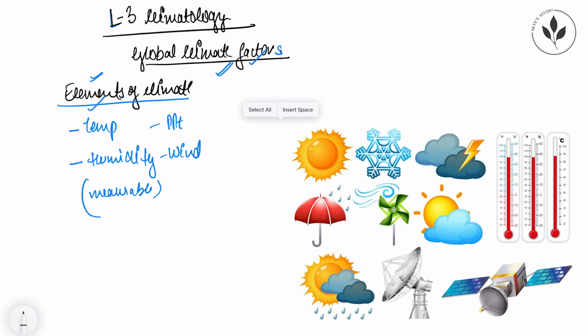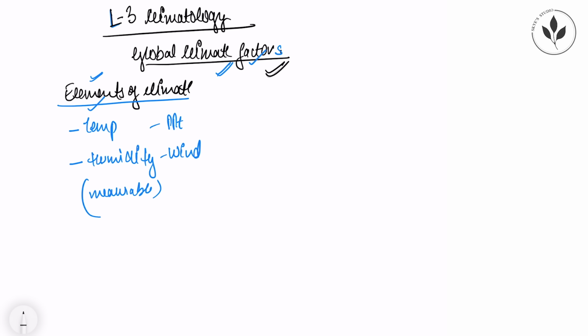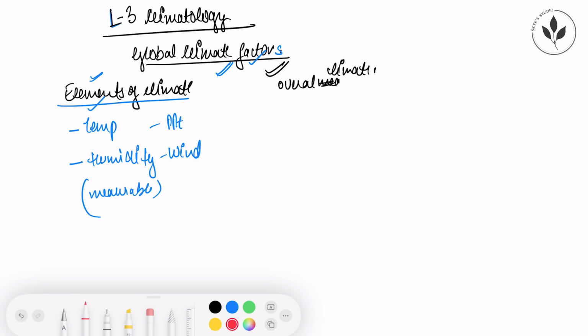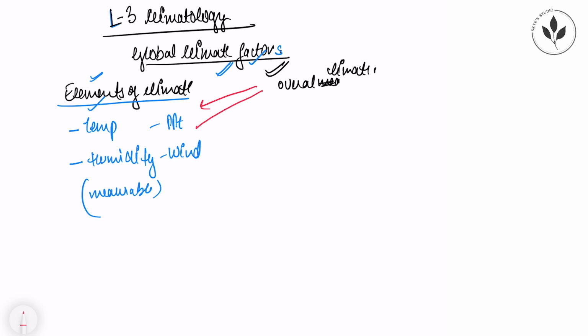And global factors are something that affects the overall climate of the place. Means the global factors are the factors which affect the elements of the climate. The elements of climate are dependent on the overall climatic factors. Let's discuss this with an example.